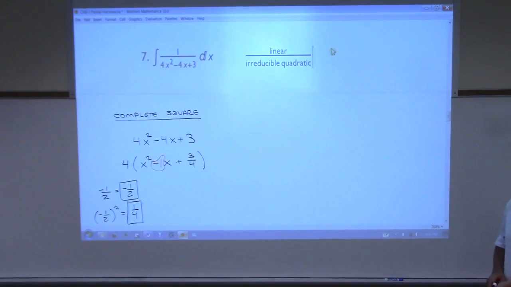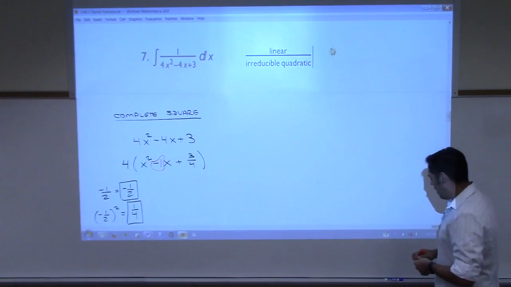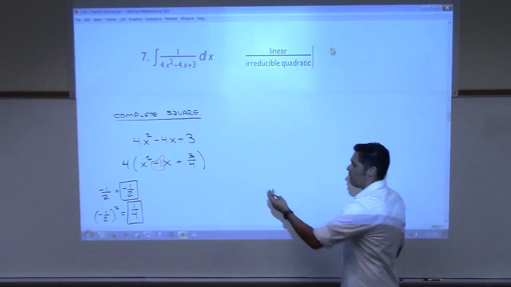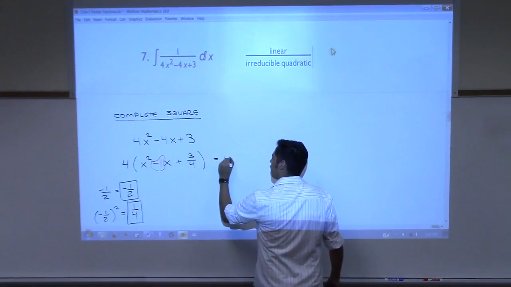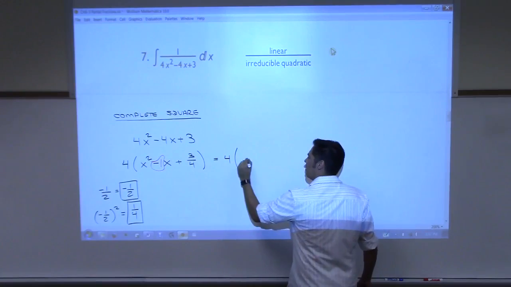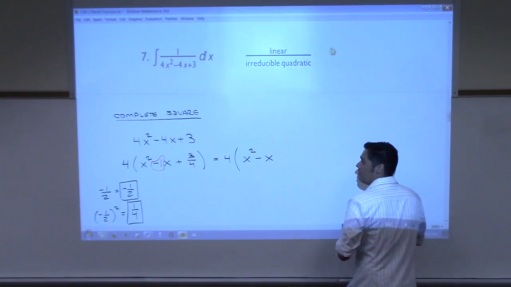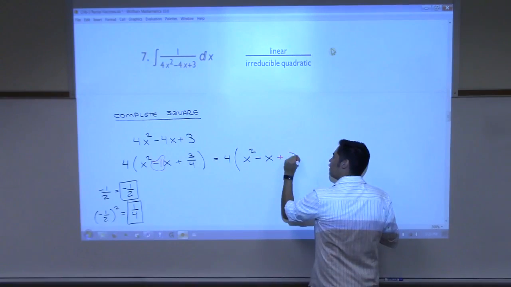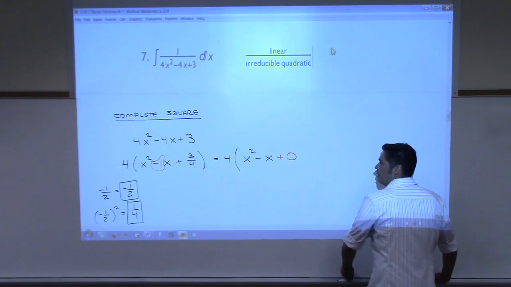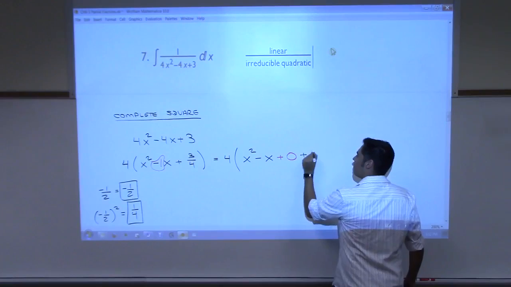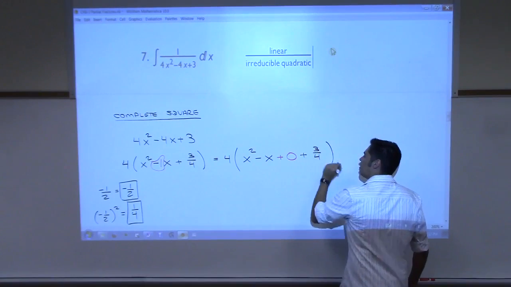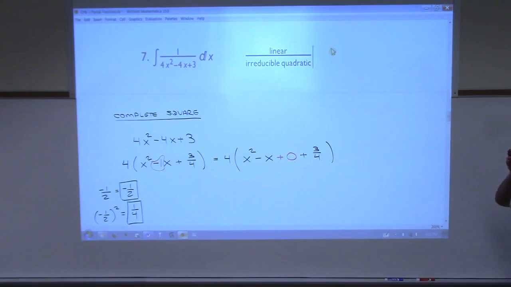Now I will rewrite this expression. I will bring the 4 with me there. X squared minus x, and then here's where I have the hidden 0 right here, plus 0, and then plus 3/4. What am I going to replace that red 0 with?